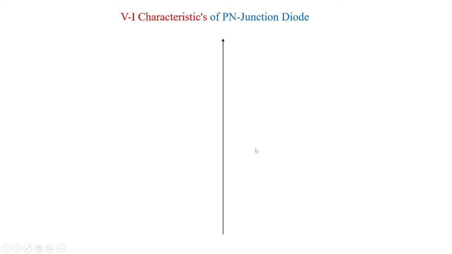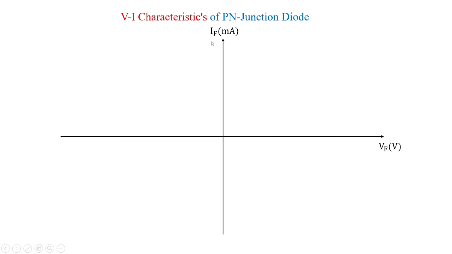So when you look into the VI characteristics, you can see that you have a forward current and a forward voltage, whereas the reverse voltage and the reverse current are shown in the negative x and y directions. For germanium, with a knee voltage of 0.3 volts, this is how the characteristics would be under forward bias. And for silicon, this is how the characteristics would be.